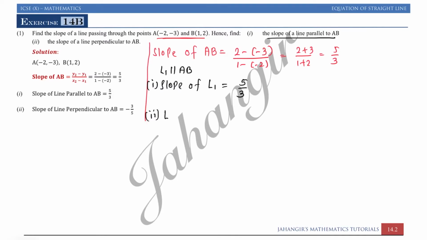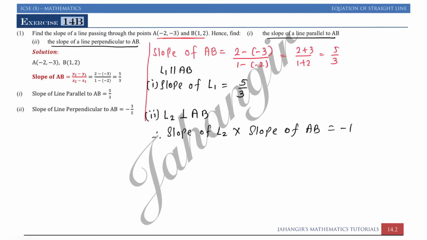In the second case, let's say L2 is the line which is perpendicular to AB. You have to find the slope of a line perpendicular to AB. So let us name it line 2. Line 2 is perpendicular to AB. So therefore we can say slope of L2 multiplied by slope of AB is equal to minus 1.